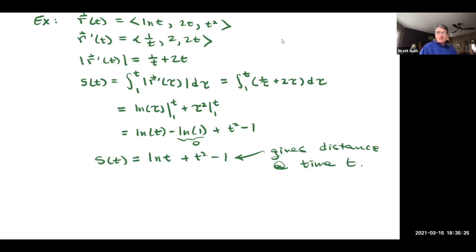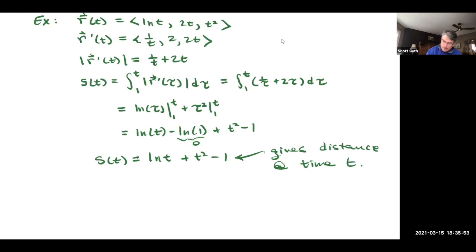Okay, any questions to this point? As time increases, the distance increases as well. And I did not use the absolute value on the logarithm because everything's positive.